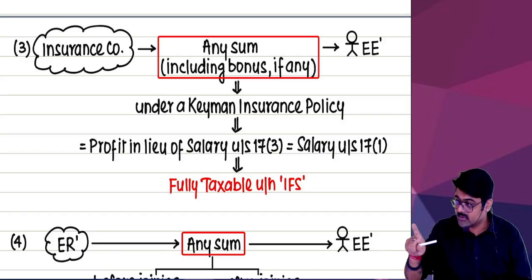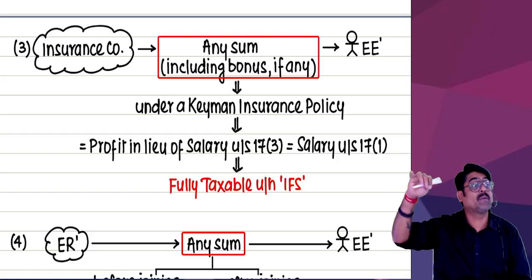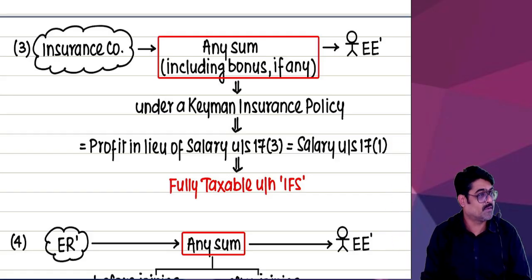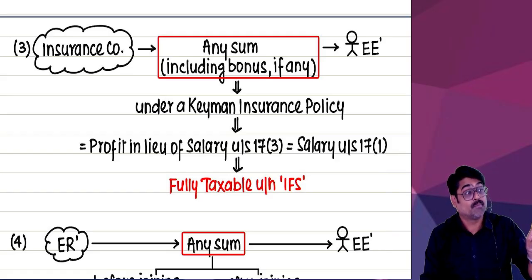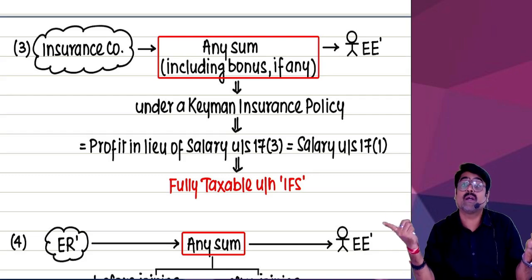Either the amount will be taxable under this head, then it will not be taxable under PGBP, will not be taxable under IFOS. Or the amount will be taxable under the head PGBP, then it will not be taxable under salary, it will not be taxable under IFOS.